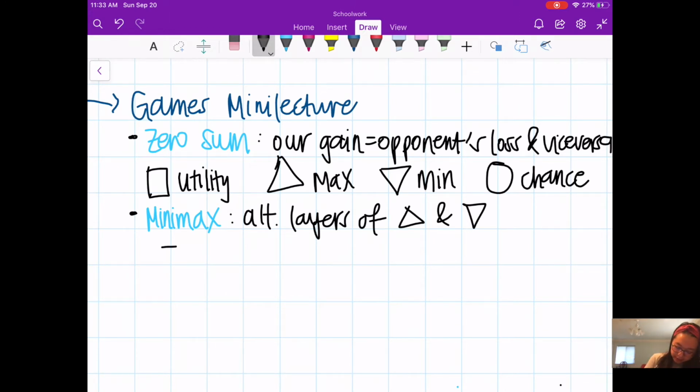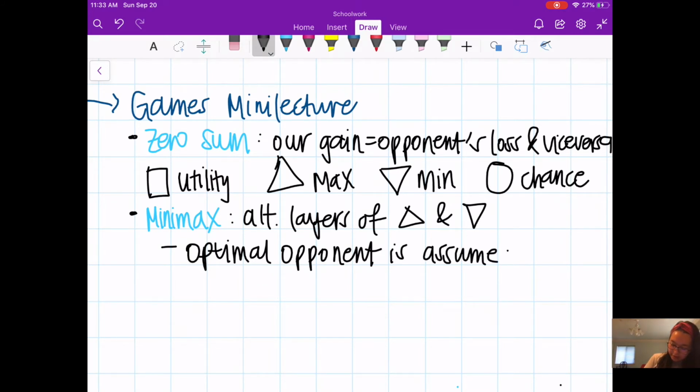With this, the optimal opponent is assumed. That's why the min levels represent your opponent acting: the opponent will pick the best action for them, which is therefore the worst action for you, and that represents picking the minimum value at that level. So minimax is used to represent an optimal opponent.